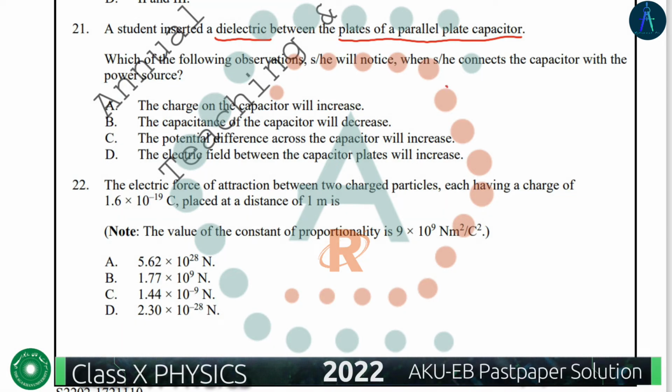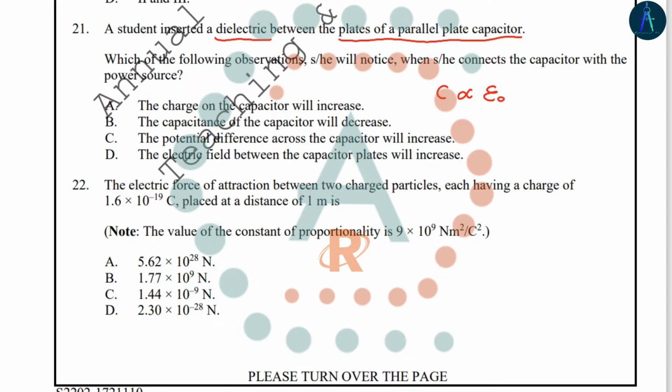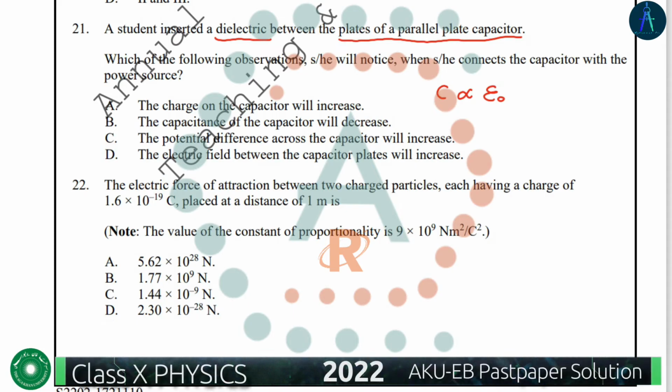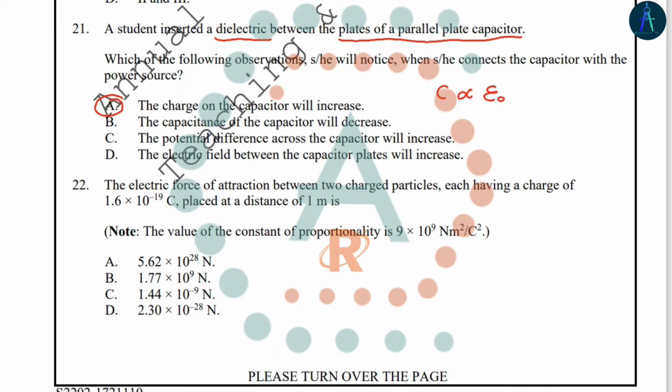We know that capacitance is directly proportional to the presence of a dielectric in the medium. If we insert the dielectric, then the ability to store charge will increase. So for 21, option A: the charge on the capacitor will increase, its ability to store charge will increase. So the correct answer is option A.